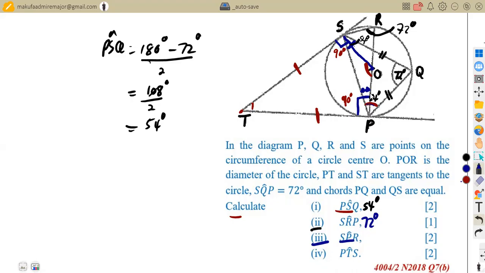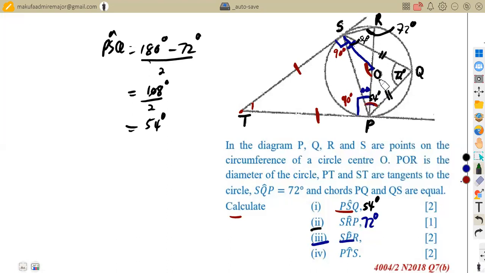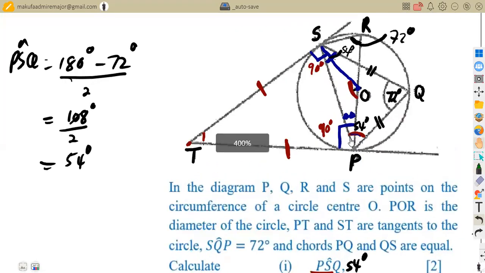But here we understand that we have a radius, and let me explain it this way. I think this can be easier for you to understand. Let me increase the circle here so that you understand me. If you check on this part, we have a diameter here, from R to P.